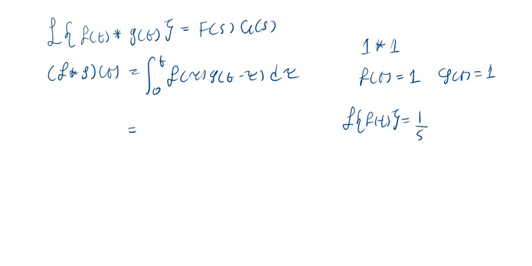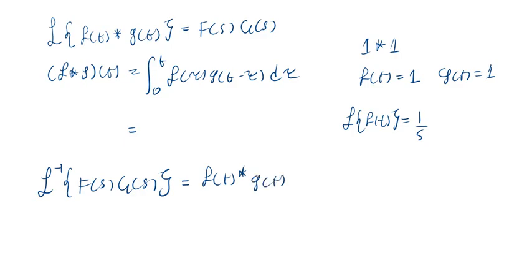And from this, one thing that you need to understand is that the inverse of f of s times g of s is equal to f of t, then g of t, like this.